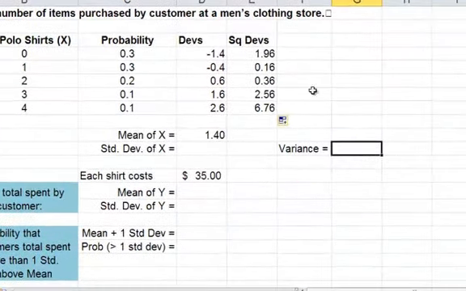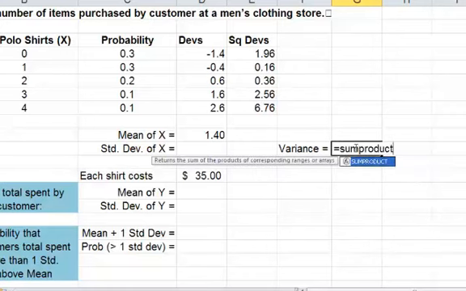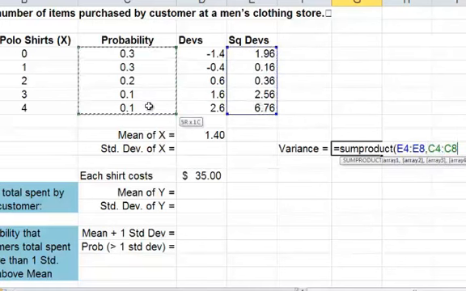And the variance now is going to be the weighted sum of the squared deviations, where in each case I'll weight the squared deviation by the probability of that squared deviation showing up. So once again, I'll use the sum product formula, and I'll capture my column of squared deviations, comma, my probabilities.